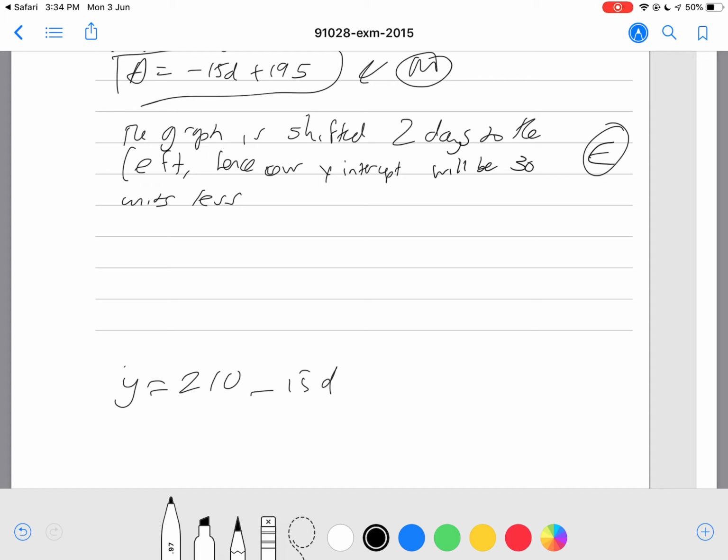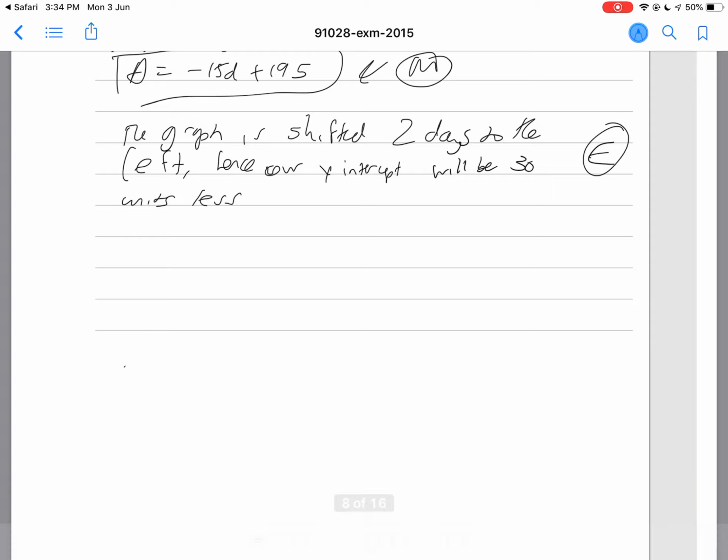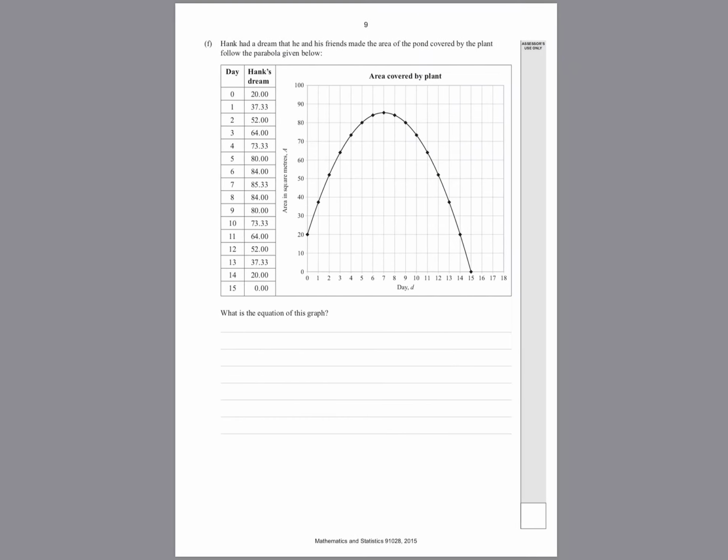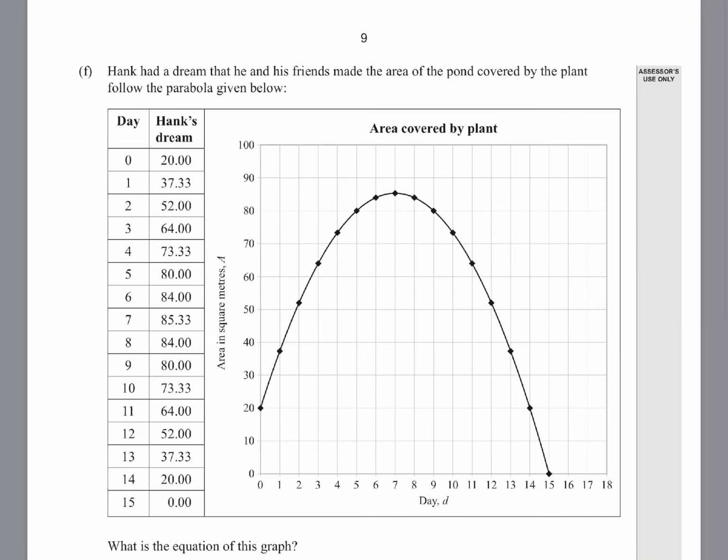That's the only way to get an achieved. But I know you guys aren't aiming for achieved, so that's not really too relevant. So hope you understand what I talked about in this question. Okay, so we're gonna move on to the next question.